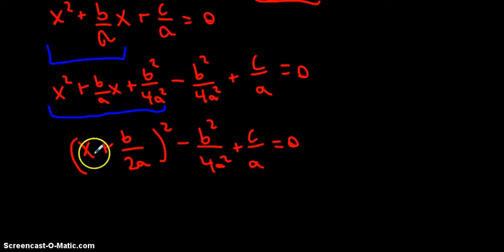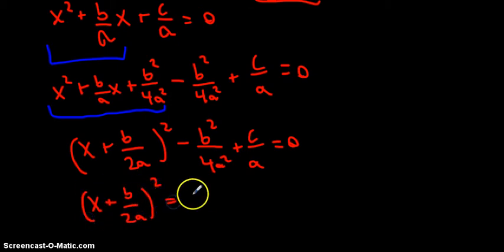So now there's only one x term, which is always the goal for solving the equation. So we're going to move these things to the other side. So we get x plus b over 2a squared is equal to b squared over 4a squared plus c over a.